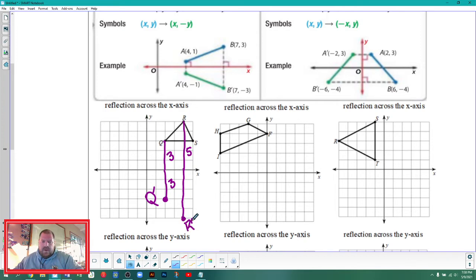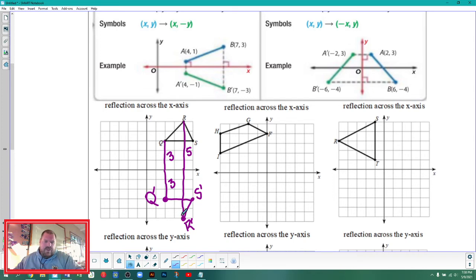That's going to be R prime. And then S prime is another 3 units away, so 3 units to here. That's going to be S prime. And so we'd get our new shape right here.